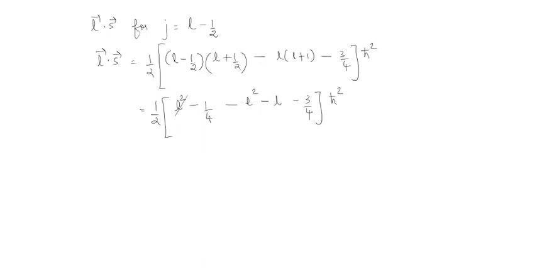L square and L square go, and what do I have remaining? I have a minus L. Then minus 1 by 4 minus 3 by 4. What will I get?